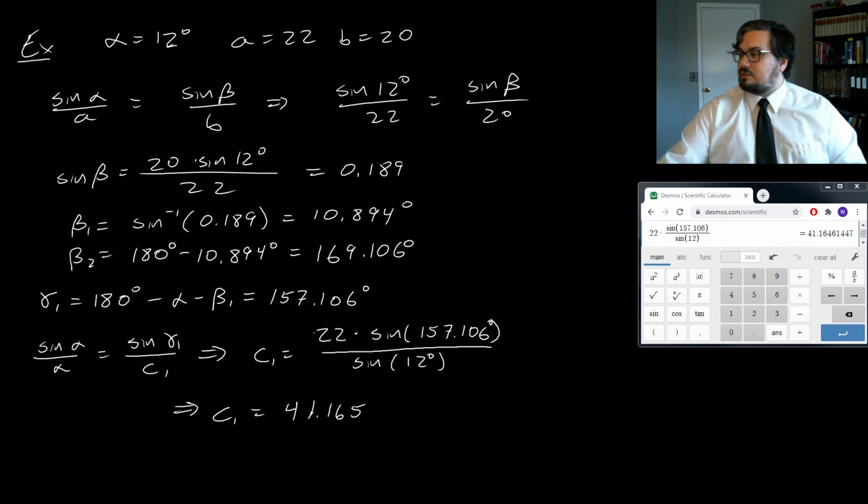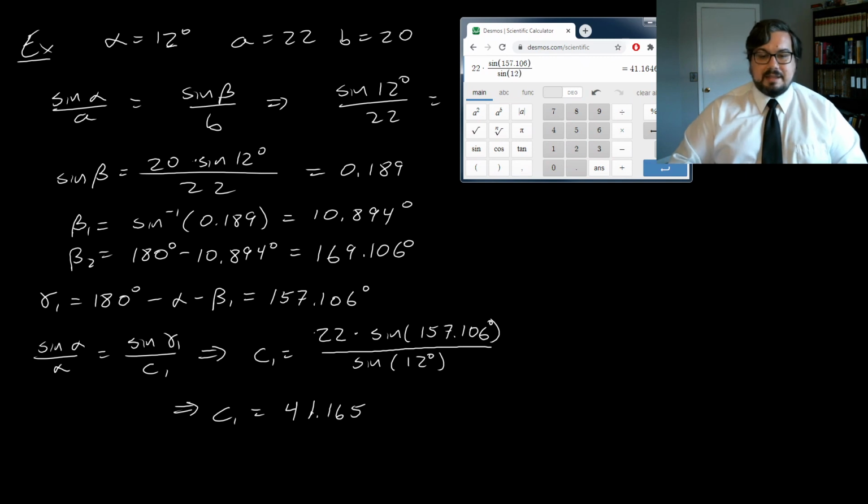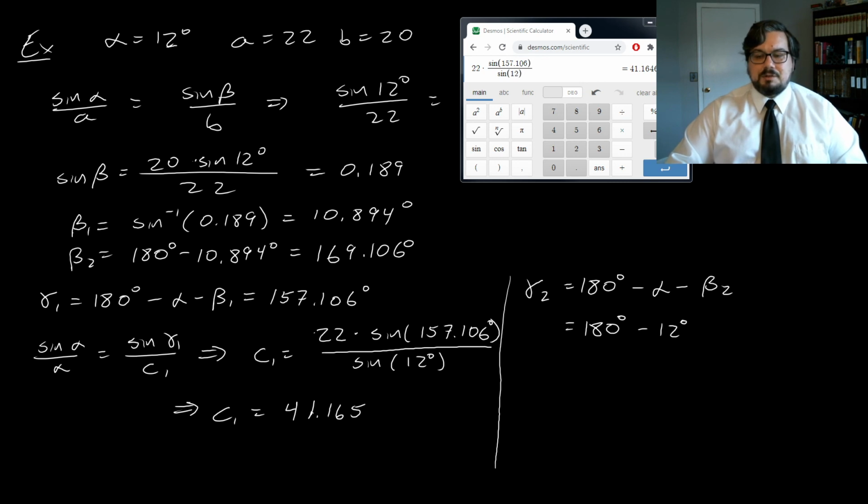So now let's look at what happens in the case where we take beta 2. In that case, gamma 2 is going to be 180 degrees minus alpha minus beta 2, which is going to be 180 degrees minus 12 degrees minus 169.106 degrees.